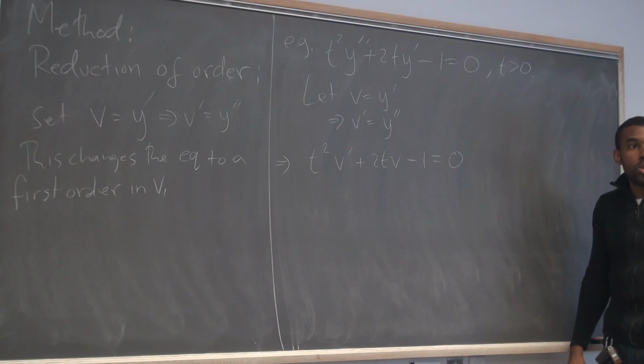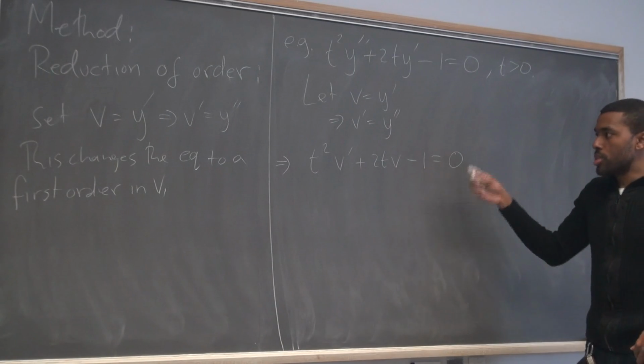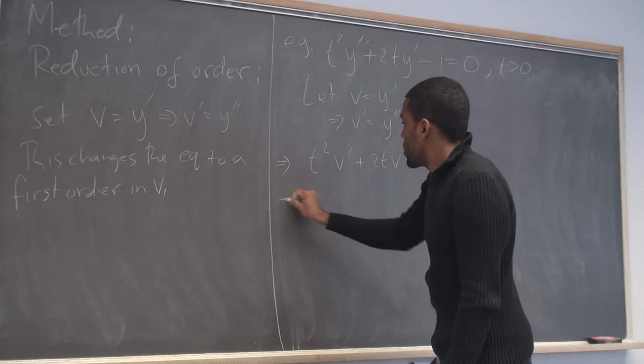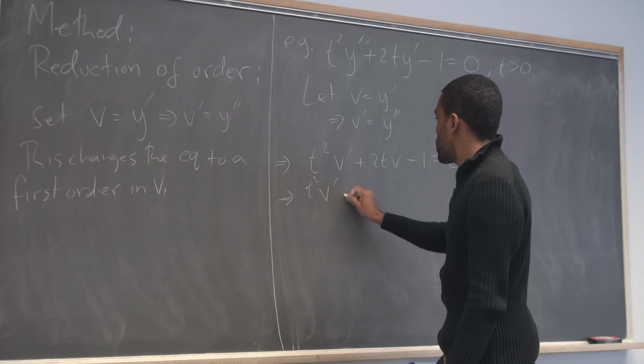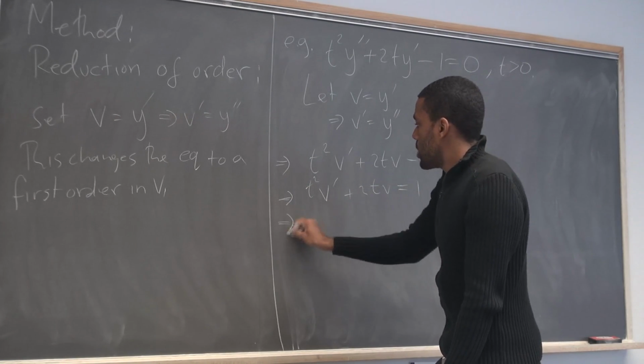What kind of equation is this? Is it linear? It's linear. Right? Yeah, do you have another question? No, I was going to say you add 1 to both sides, find the integrating factor. Yeah, you add 1 to both sides, and you'd have to divide by t squared, put it in standard form. Right, so this is t squared v prime plus 2tv equals 1. Divide through by t squared.